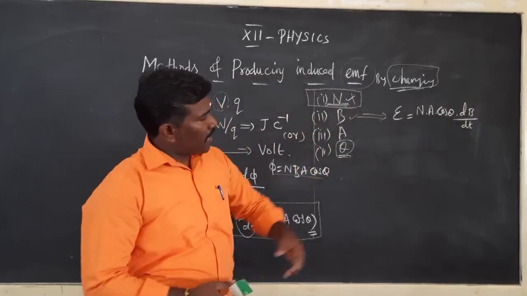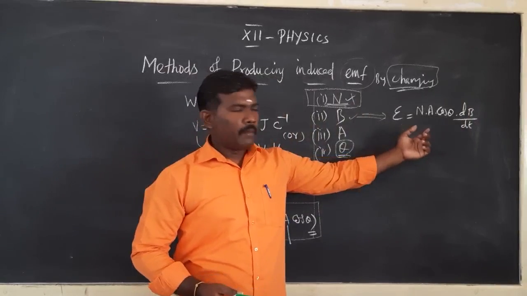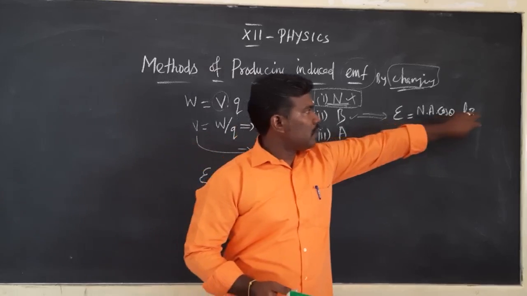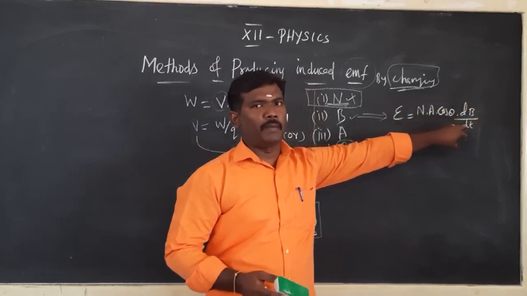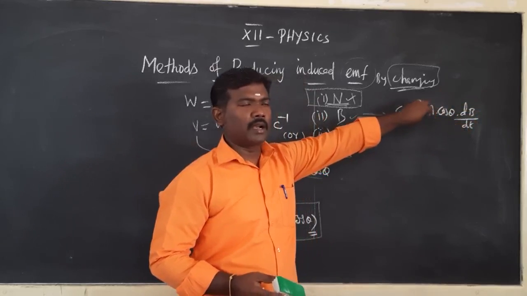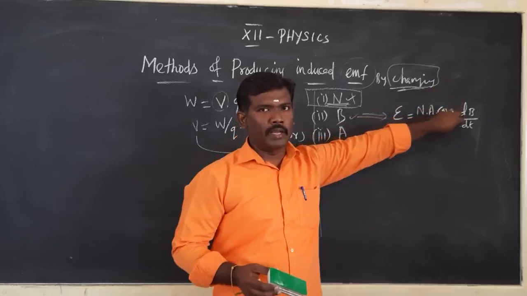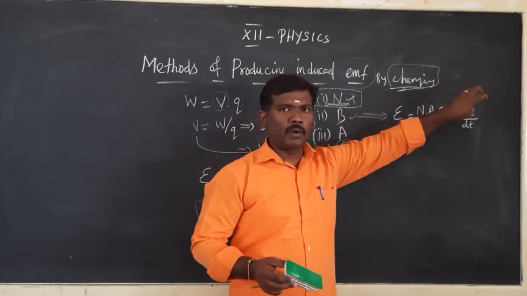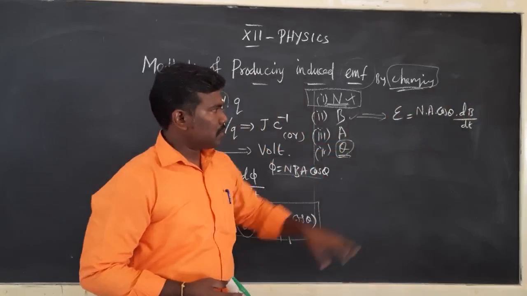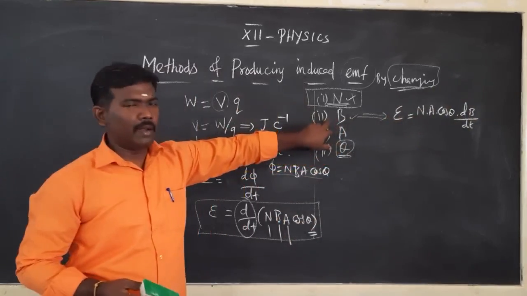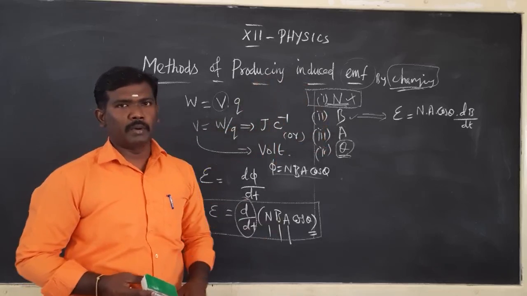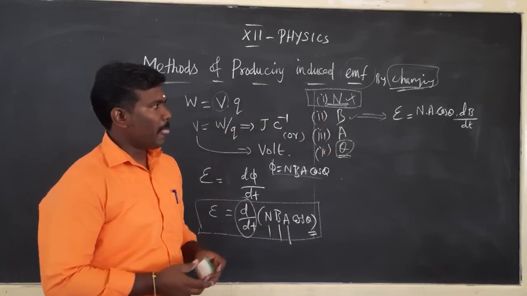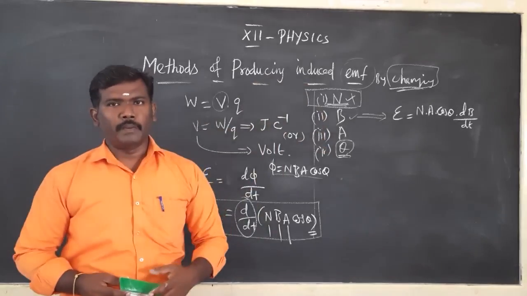In this case you apply the variation only in the magnetic field, not the area enclosed by the coil, not the number of turns, not the orientation. So this formula is related to the second point, changing the magnetic field to produce the induced EMF in the given circuit.